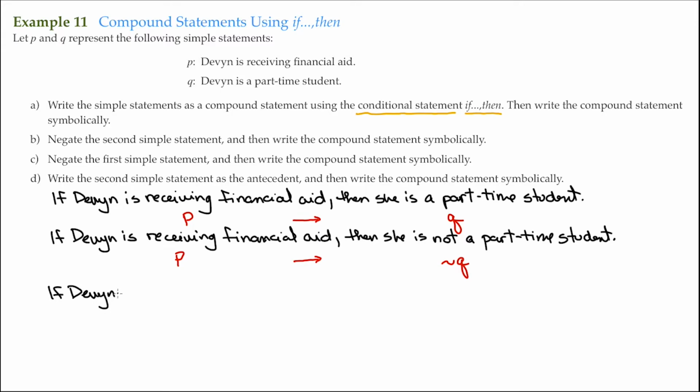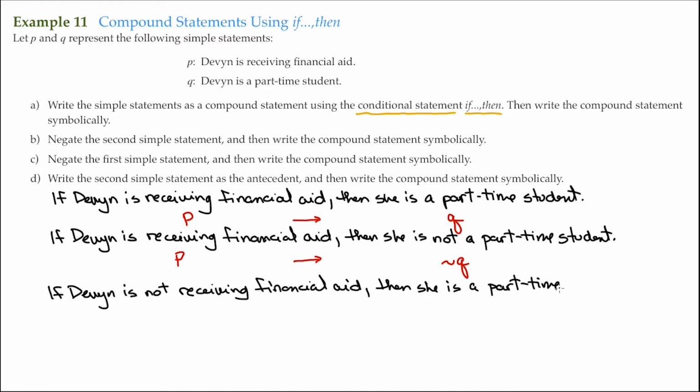If Devin is not receiving financial aid, comma, and of course this is our consequent, our second clause, then she is a part-time student. If Devin is not receiving financial aid, then she is a part-time student.